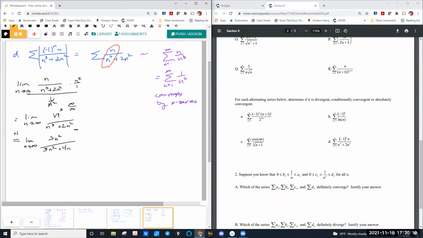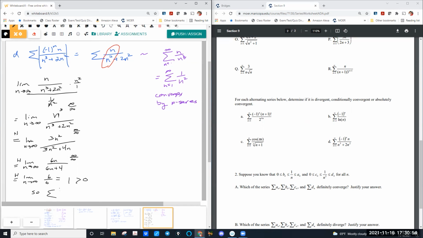Okay, we still got an infinity over infinity case. So I'm going to use L'Hopital's again. Limit as n goes to infinity of 6n over 6n plus 4. All right. Once again, an infinity over infinity case. L'Hopital's again. You can use it as long as you still have your indeterminate form. And you get down to 6 over 6, which is just 1, which is greater than 0.